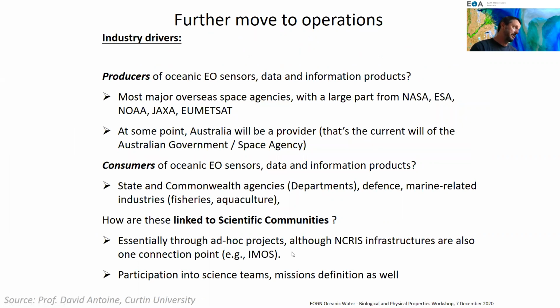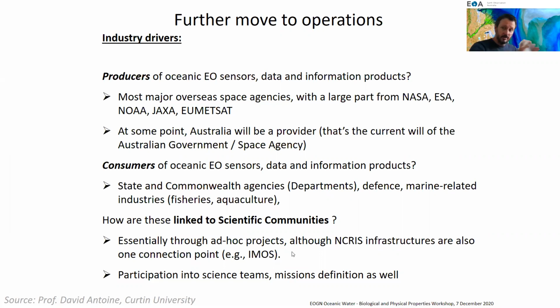David also highlighted industry drivers of what's happening. And there's a push in the sense of producers putting things out, whether it's new sensors, new products and services. Now we're particularly moving into new commercial constellations of higher quality multispectral imagery and potentially high quality, higher spatial resolution imaging radar data sets as well.